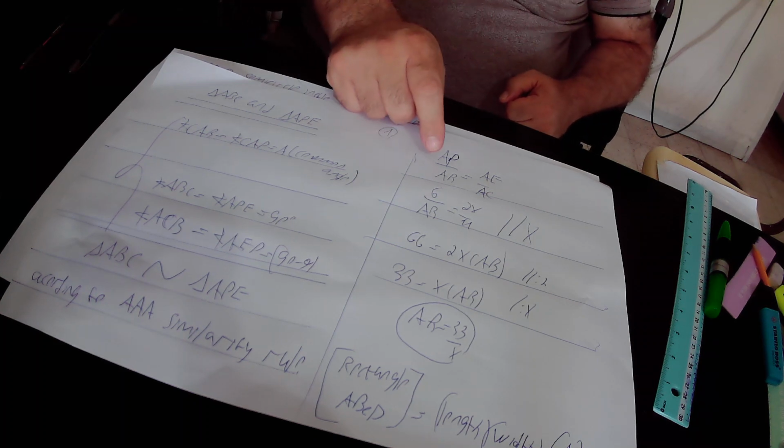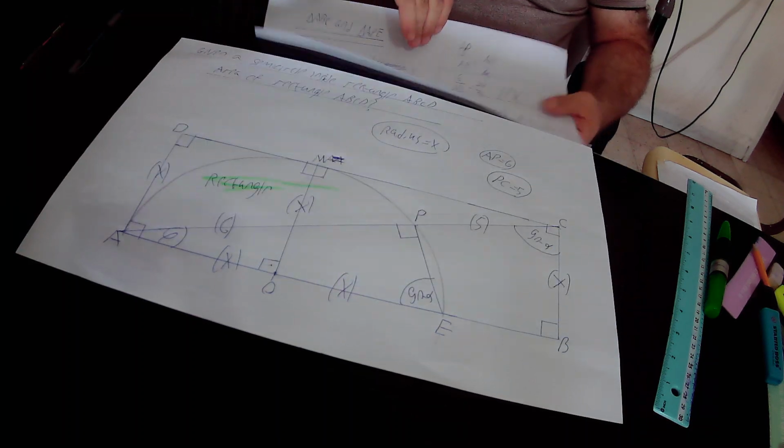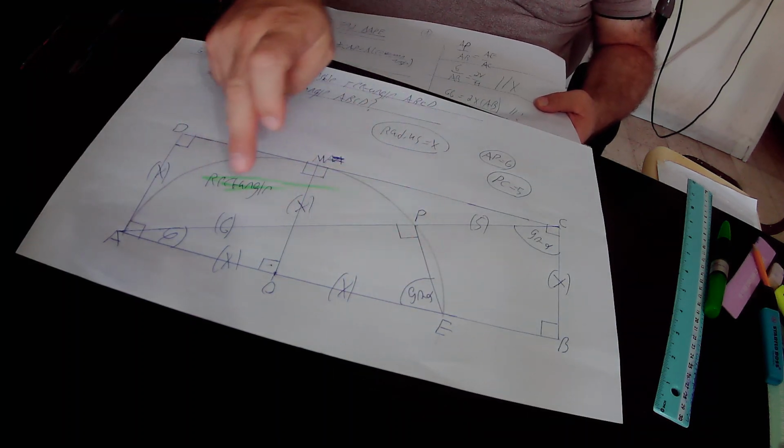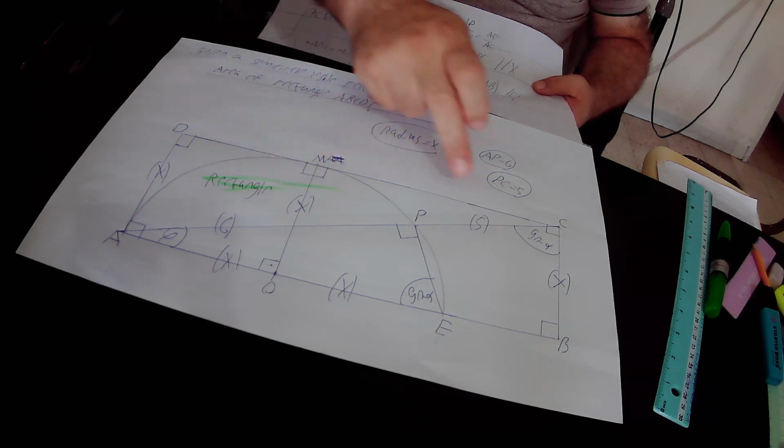AP is 6, AB is the missing side. AE is the diameter of this semicircle, that is 2x, and AC in total is 6 plus 5, that is 11.